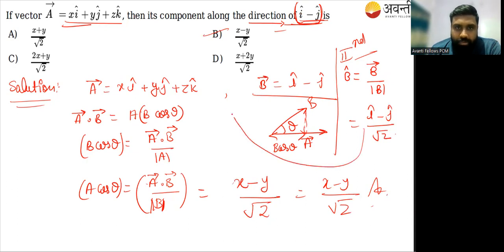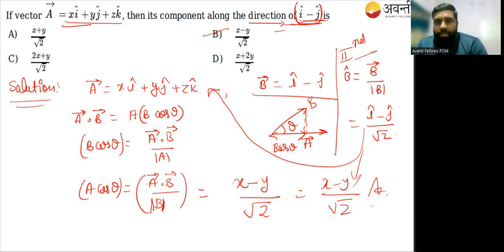Now, if you take the dot product of this vector with vector A, you will get the same thing. i cap and x i cap will be x. y j cap and minus j cap will be minus y, divided by root 2. So you have two methods in your hand to solve these types of problems.